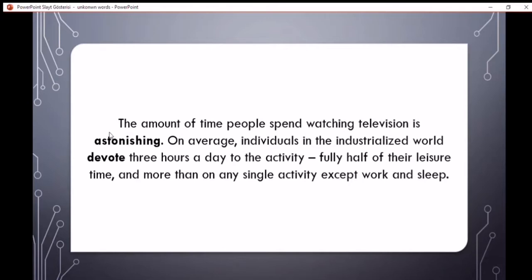It should be something that can define, that can give extra information about the amount of time. So yes, we can say funny, a funny person. Funny is also an adjective, but the amount of time cannot be funny.